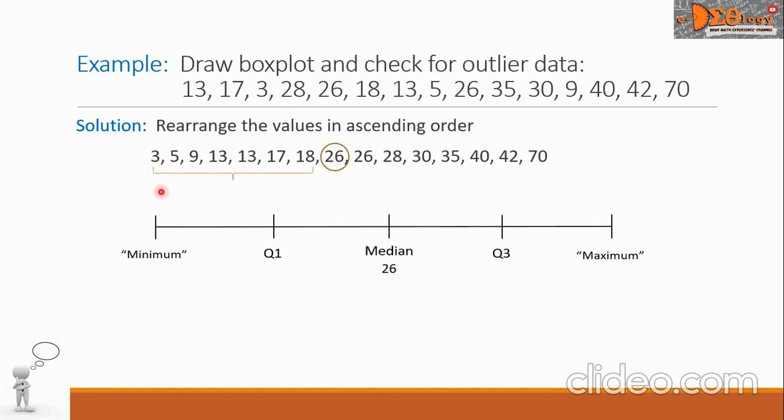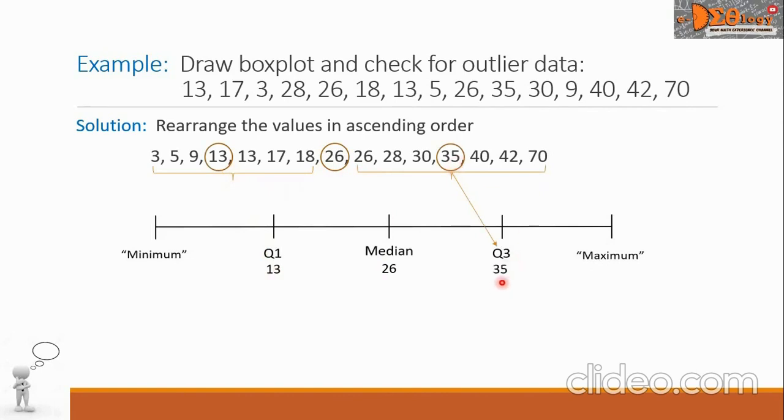On the left side of the median, we will take the middle value of this group, and that is the number 13. This is the first quartile. On the right side of the median, we will take the middle value of this group, and 35 is the middle value, and we call it the third quartile.